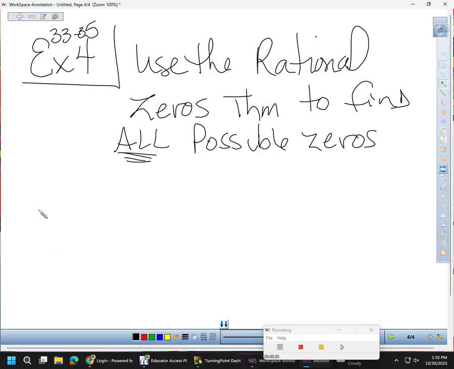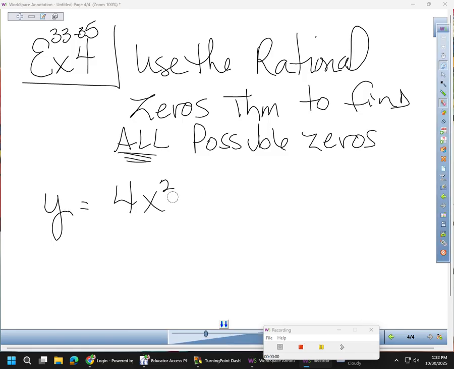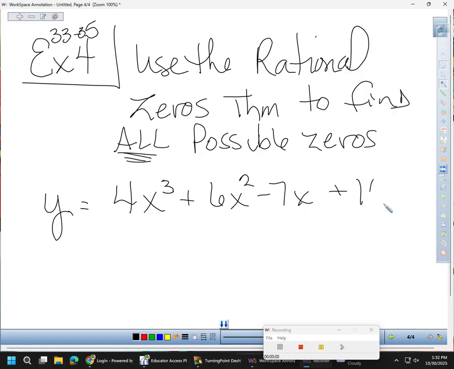So let's say I have y equals x to the third plus 6x squared minus 7x plus 10.